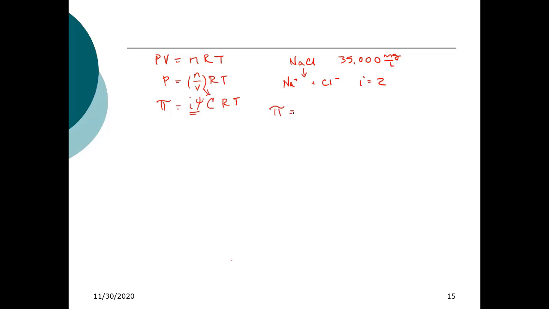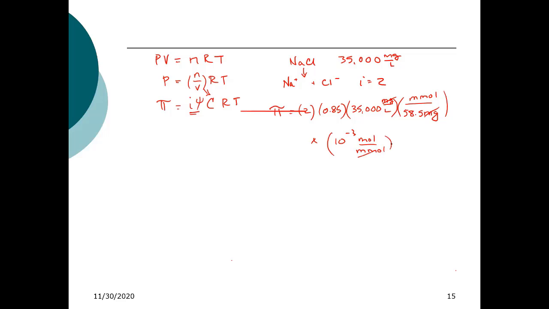So then the osmotic pressure is 2 times the osmotic coefficient times the concentration, and we'll divide that by the molecular weight. So milligrams cancel. We'll now multiply, we have millimoles. So we have 10 to the minus 3 moles per millimole. So millimoles cancel.